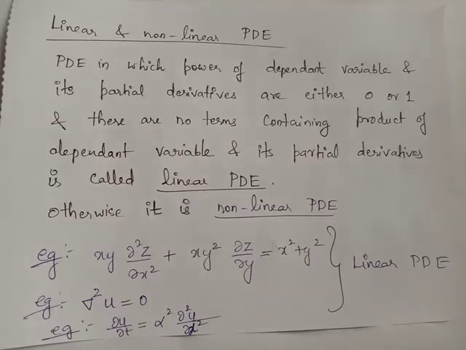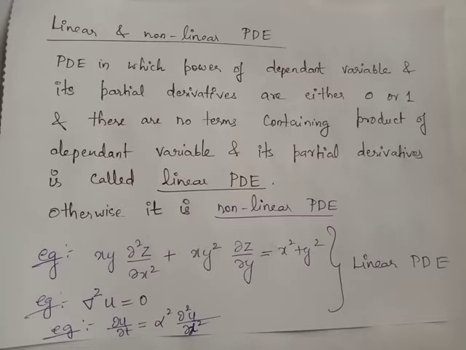Let's look at some examples. Here the first equation, xy into ∂²z/∂x² plus xy² into ∂z/∂y equals x² plus y², is a linear partial differential equation because here the power of z is 0. There are no terms in this equation having z.